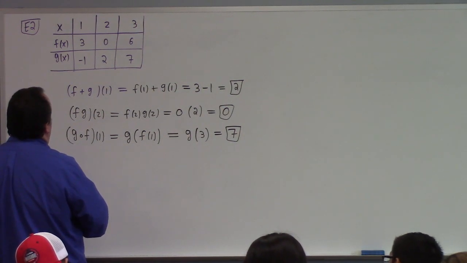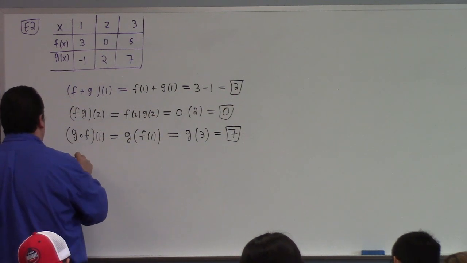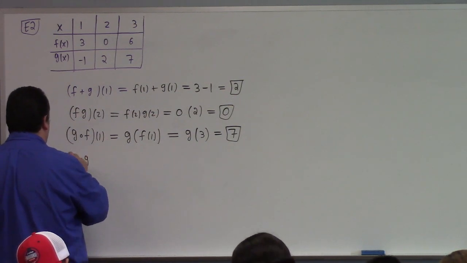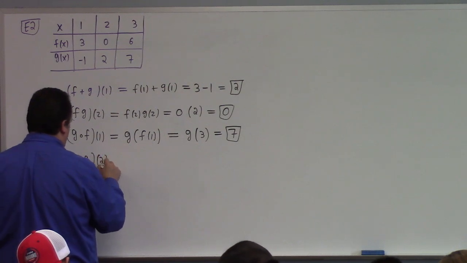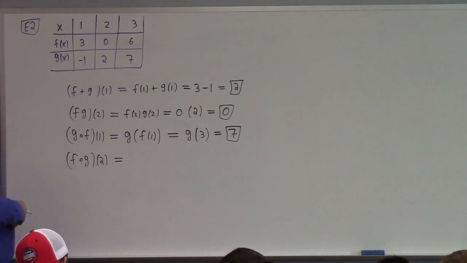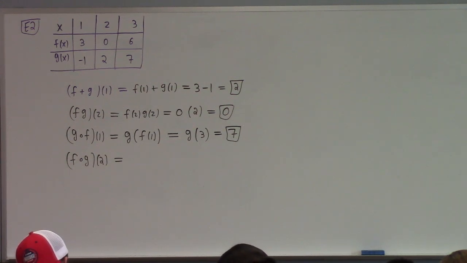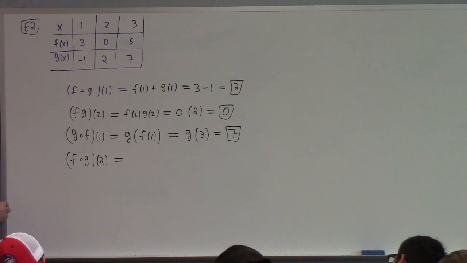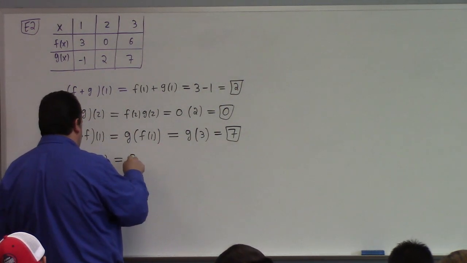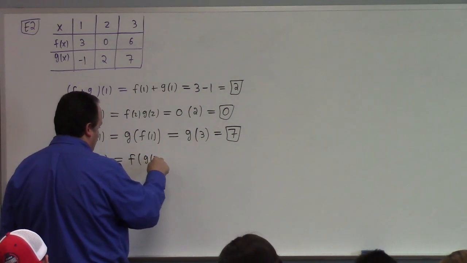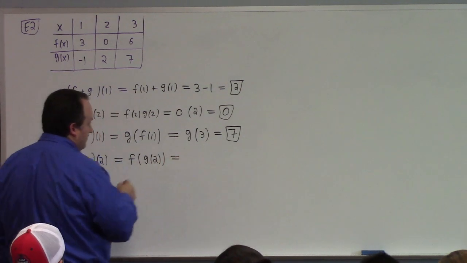Let's see here. F composed with g of 2. What would that be equal to? Let's see, so we've got f of g of 2, which is what?